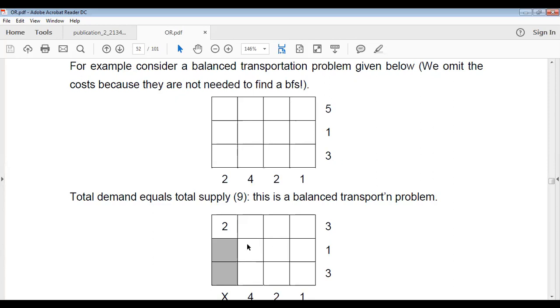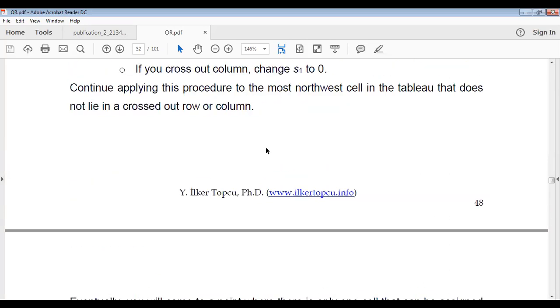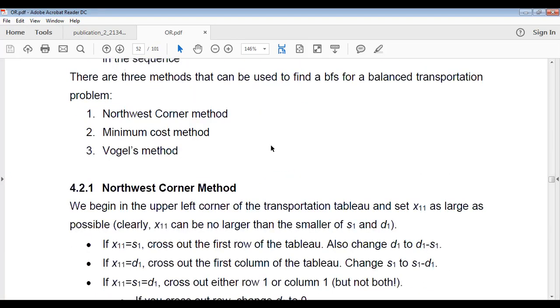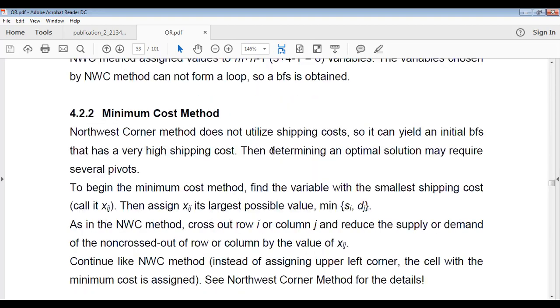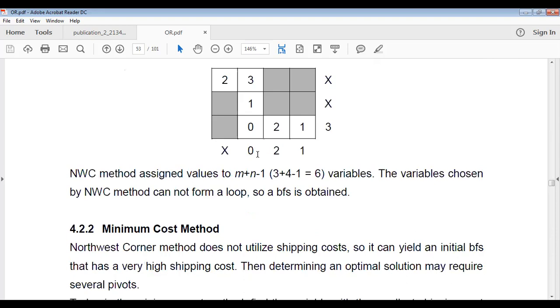So to make you understand, he has given a number of tables. So like that, 2 3 1 0 2 1, you substitute all these allocations into the problem, and automatically the cost is going to be calculated.